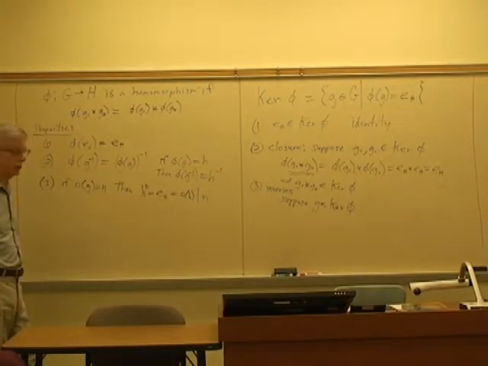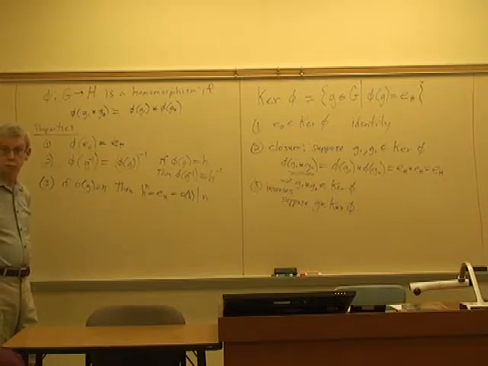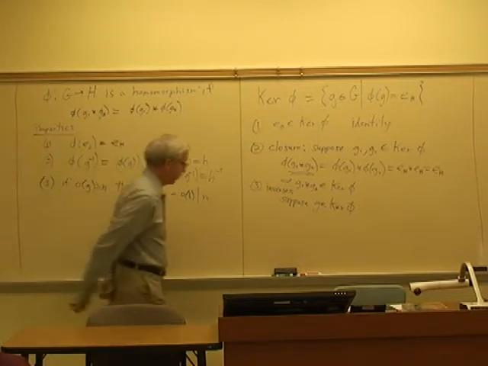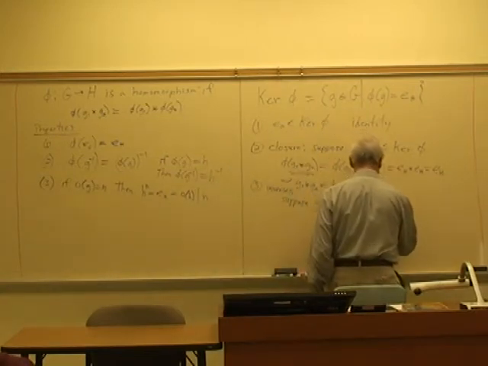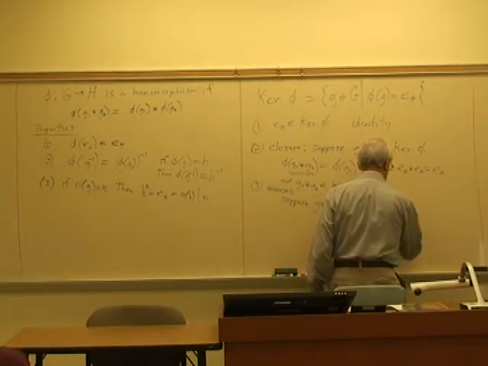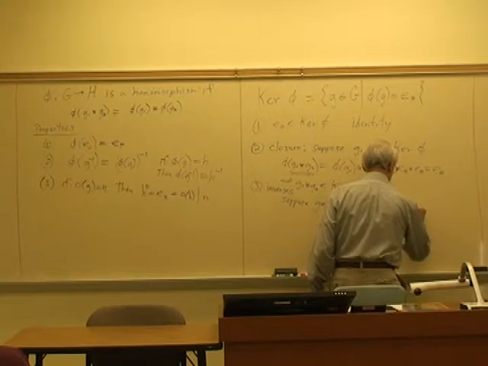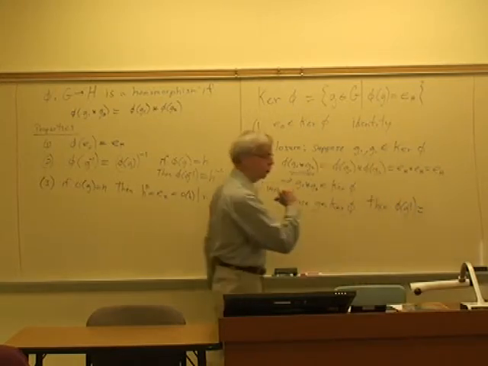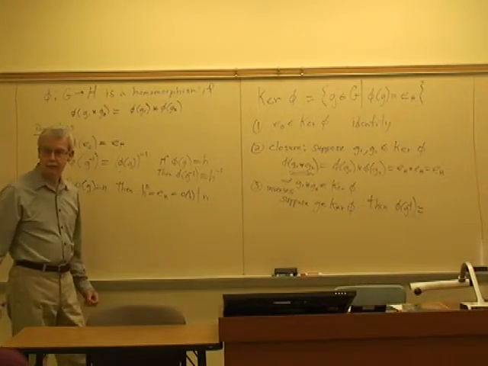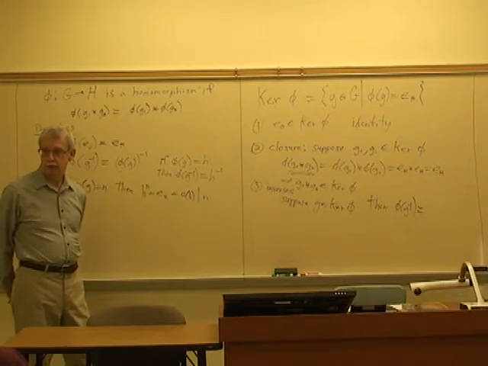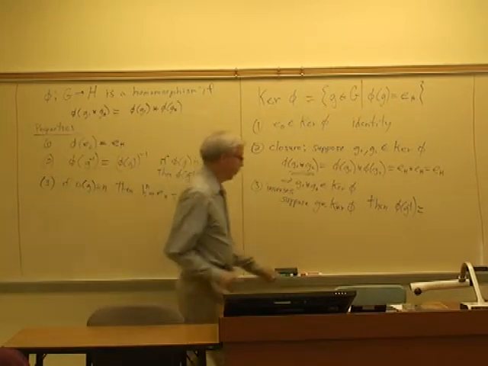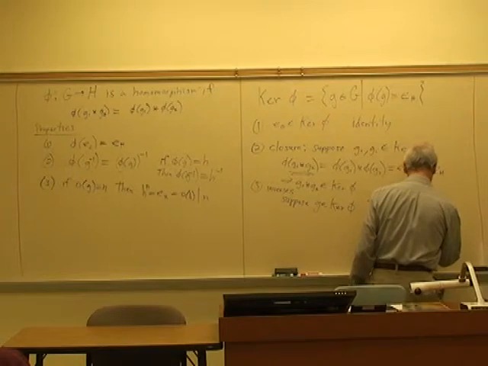What do I need to show? That G inverse is in there. Then phi of G inverse, because it's a homomorphism, is what? It's the inverse of phi of G, right?